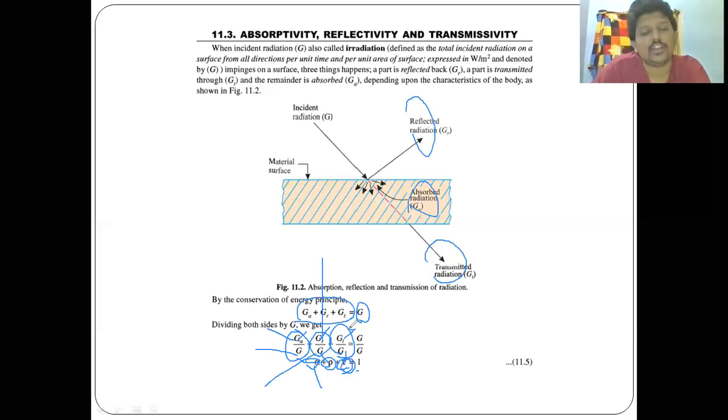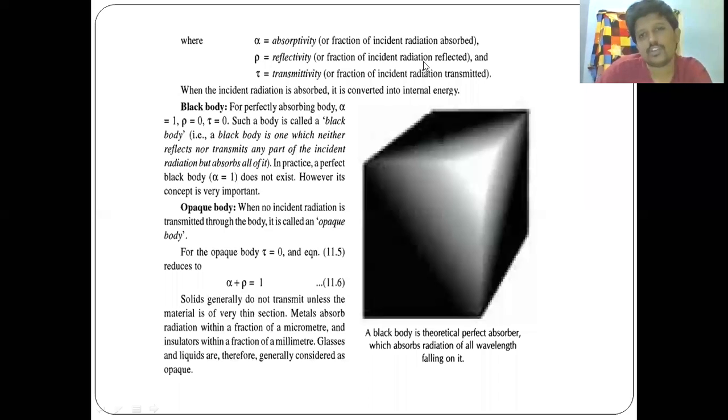Transmissivity is the ratio of energy transmitted to energy incident. Right? I think you are clear with those things. Alpha is absorptivity, rho is reflectivity, and tau is transmissivity. Okay.